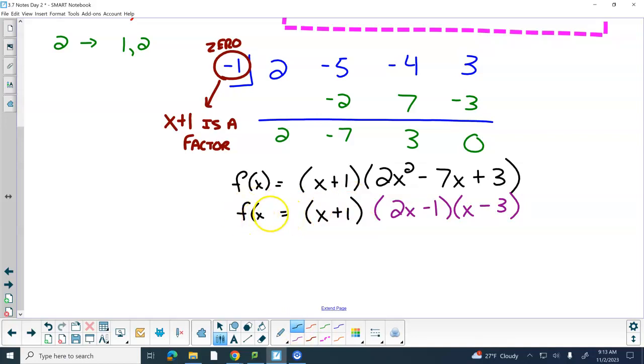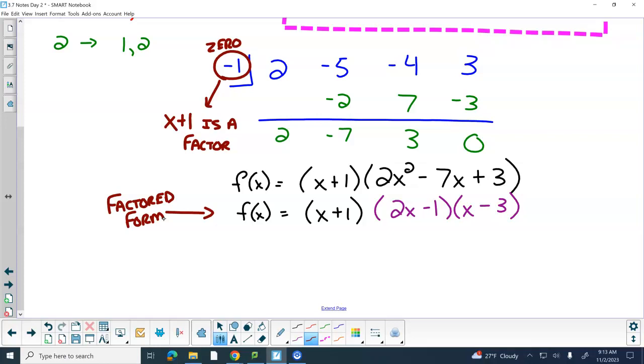So this would be, right here, the factored form of f of x, which could possibly be a quiz question tomorrow. Okay? List me the zeros, find me the factored form. Find me the zeros. We could do all three.